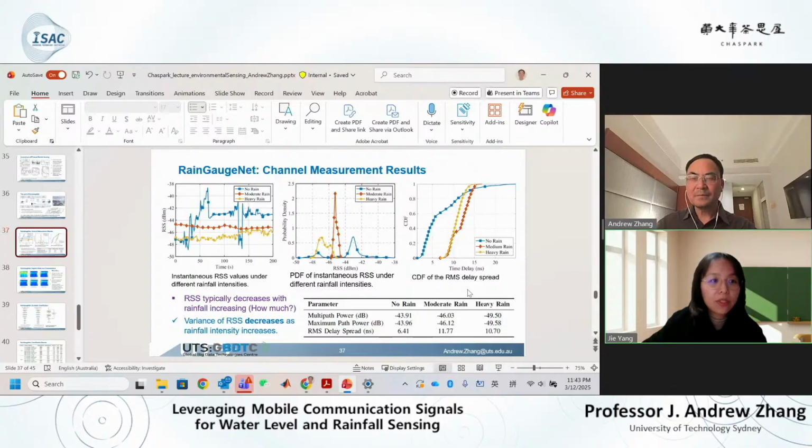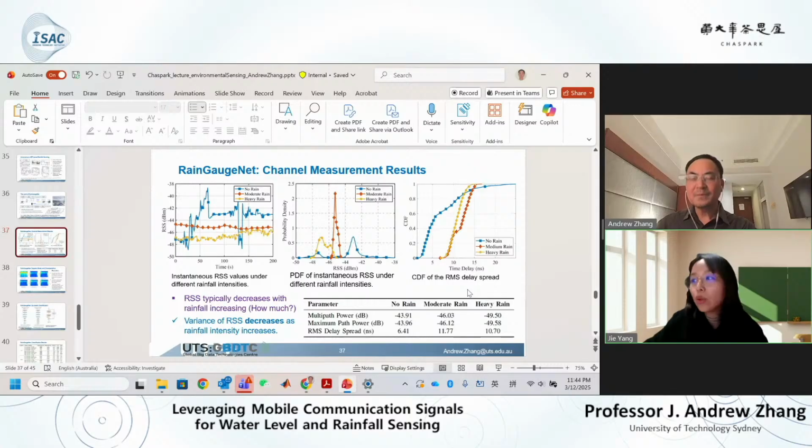It is the first difference. And the second difference is the rain. It was artificial rain, so the heavy rain is much heavier than what we can actually see in real scenarios. And the third difference is that we not just use the RSSI for the classification.